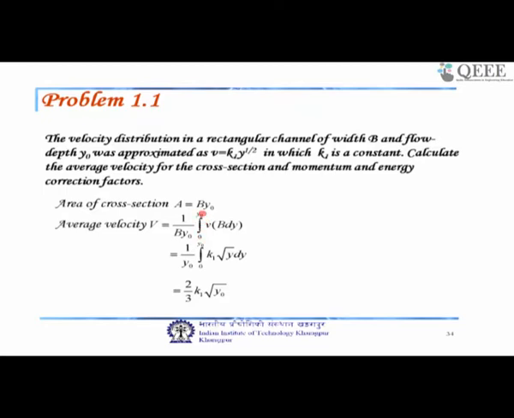That means, from the bottom where the depth of flow is 0 to the top where our depth of flow is y naught. So, in this case, b will cancel out. V is 1 by y naught, integral from 0 to y naught of k root over y.